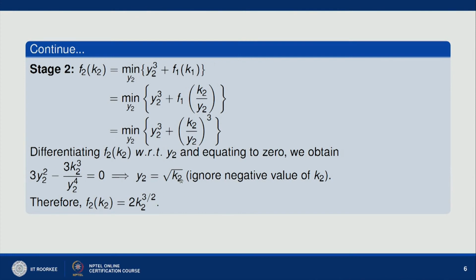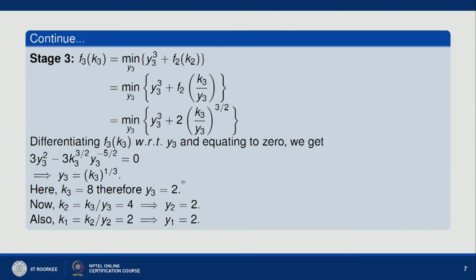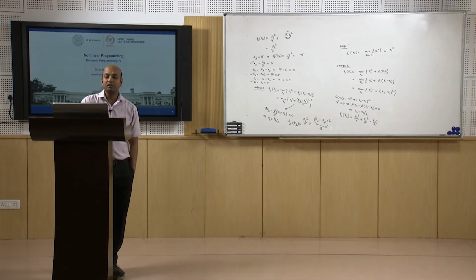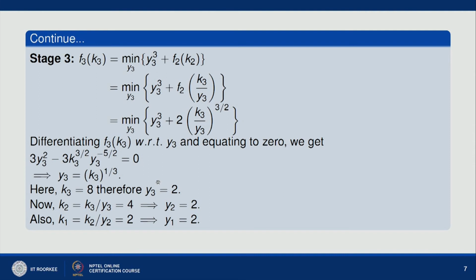You substitute 4 here, so y2 is 2. Similarly, k1 is k2 upon y2, so 4 upon 2 is 2, and y1 is 2, because y1 equals k1. In this way, the optimal value of this objective function is obtained when y1 is 2, y2 is 2 and y3 is 2.